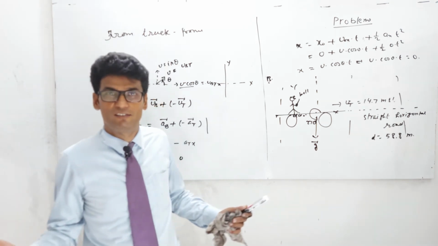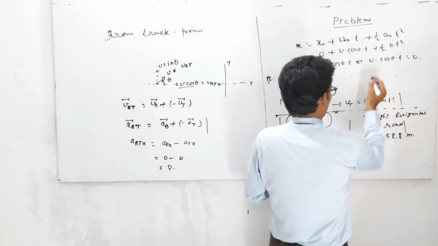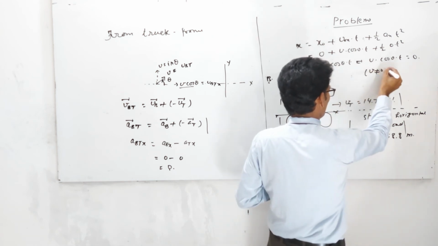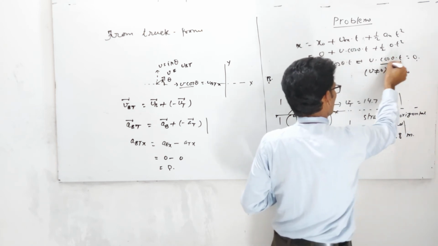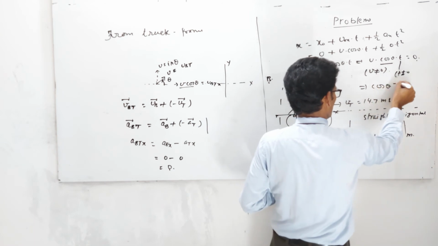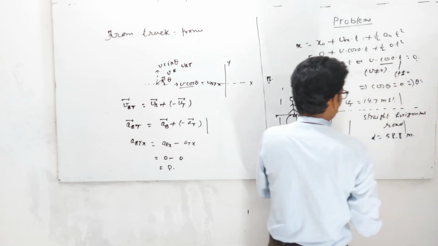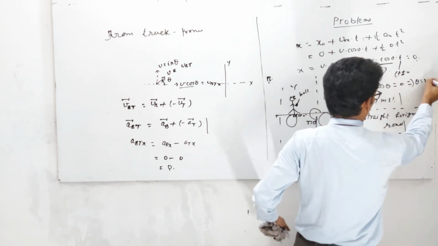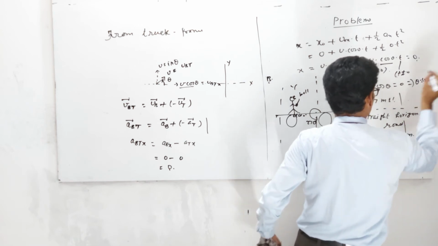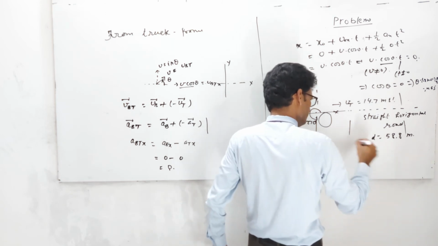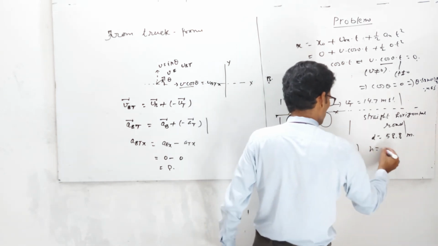This implies theta is equal to an odd multiple of pi by 2, where n belongs to integers. The acceptable solution in this particular physical situation is when n is equal to 0.